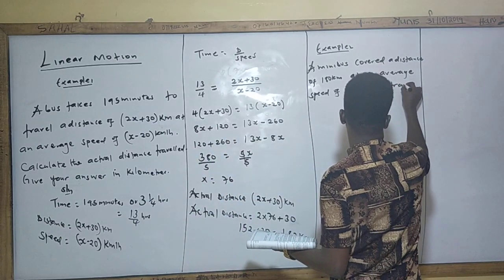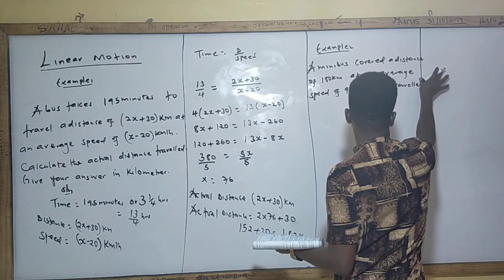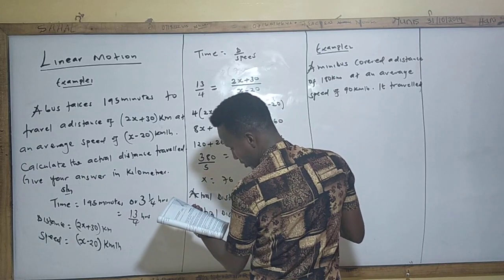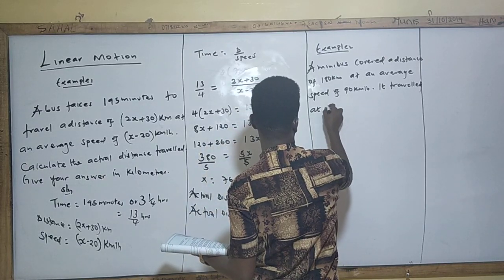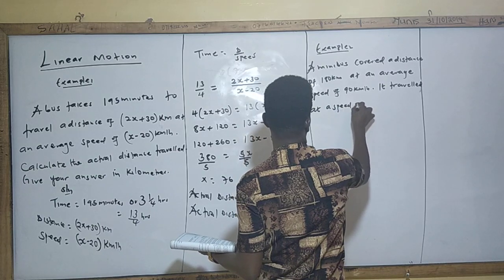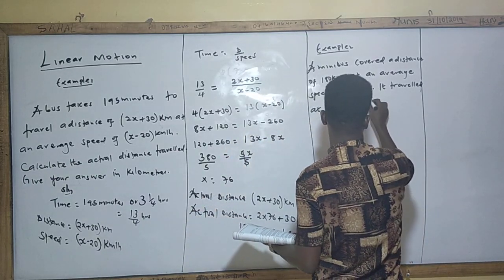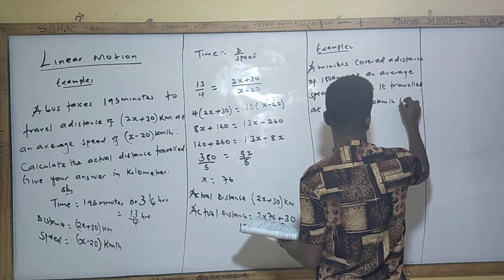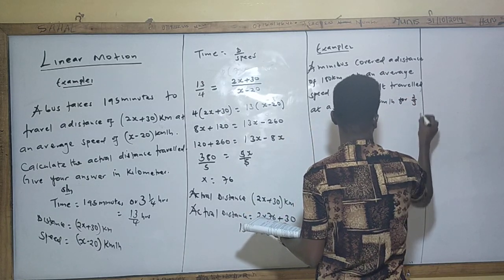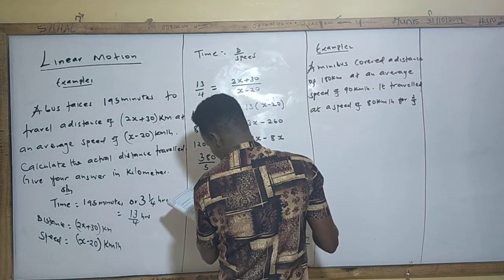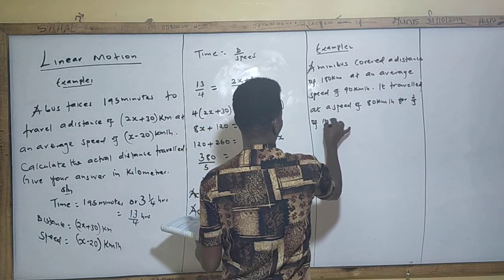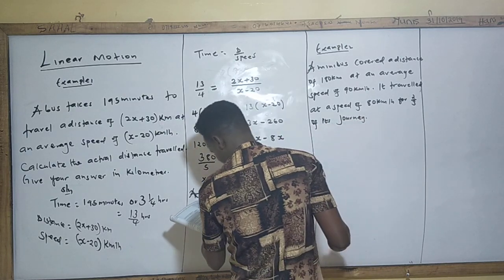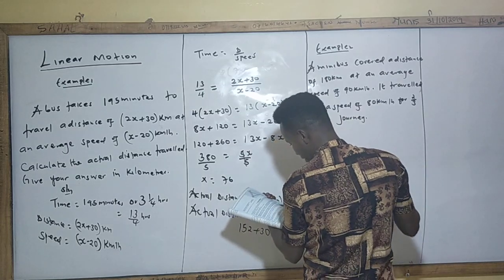You are told it traveled at a speed of 80 kilometer per hour for 2 out of 3 of this journey, full stop.